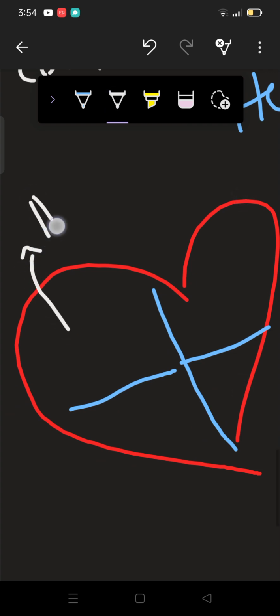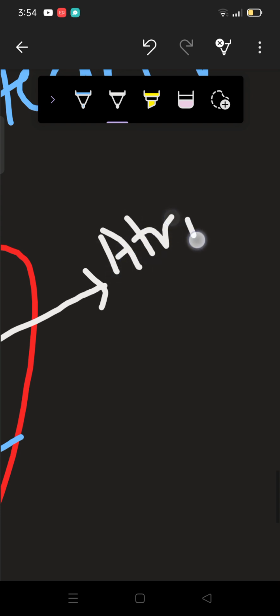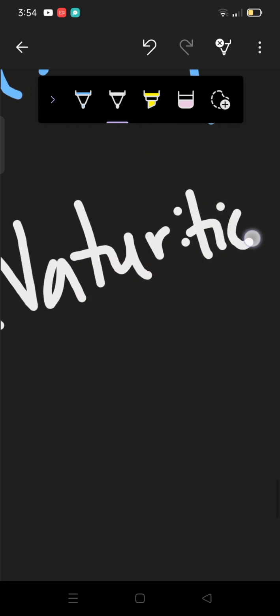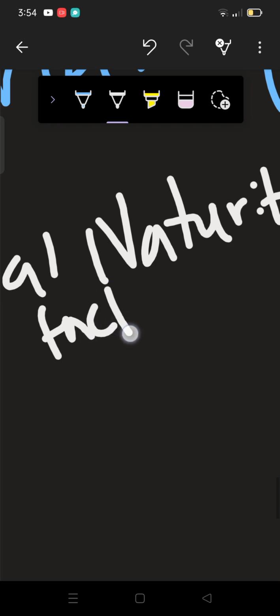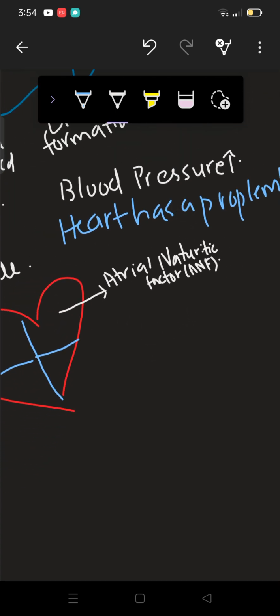So these atria will produce a factor, which is known as atrial natriuretic factor, also known as ANF. It is released by the atrium of the heart, and it is the enemy of RAS.